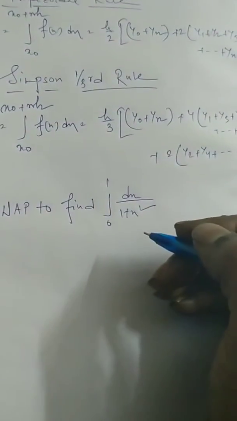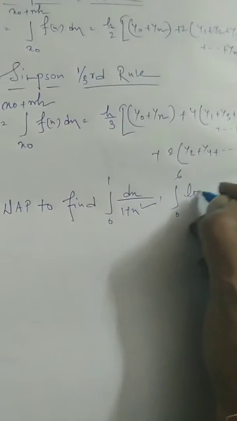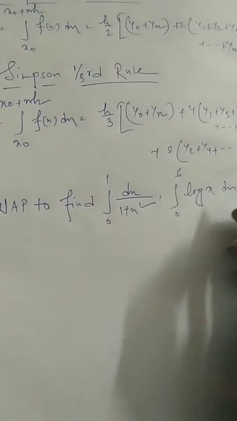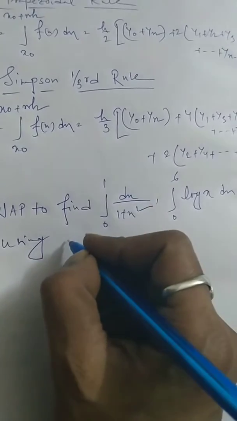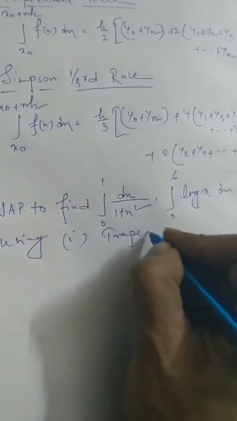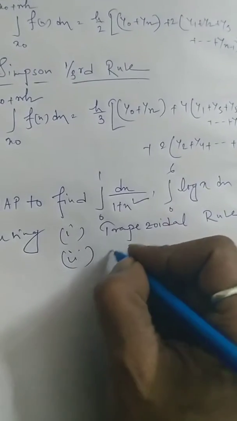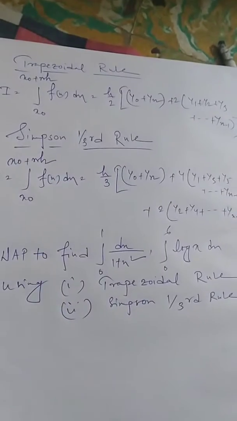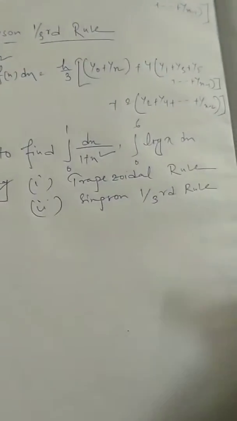It may be any kind of problem, or integration from 0 to 6 of log x dx, or any other, using the trapezoidal rule, or second, the Simpson one-third rule. So here we have to use programming.